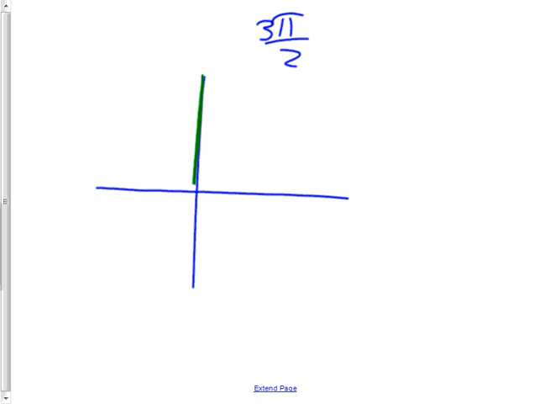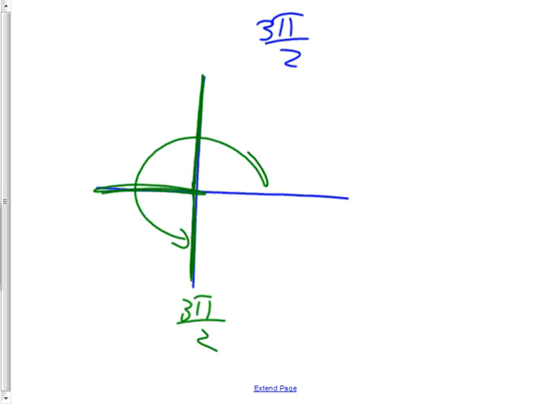Then where's 2 pi over 2? Right there. So where's 3 pi over 2? Right there. That's the answer. All you have to do is draw a line right there and label it 3 pi over 2. Technically, the angle starts there and opens up all the way around to there. These other 2 lines I drew were just helper lines for me.